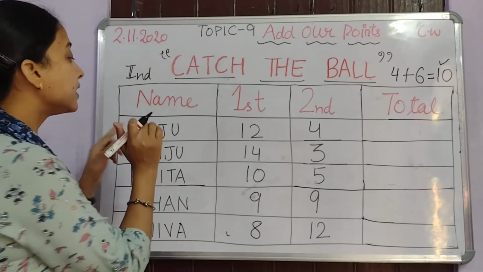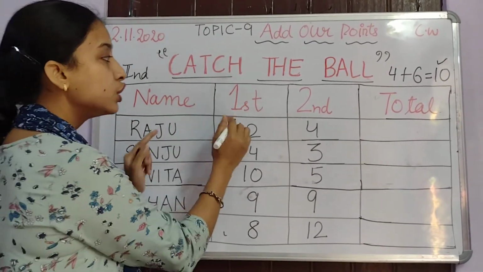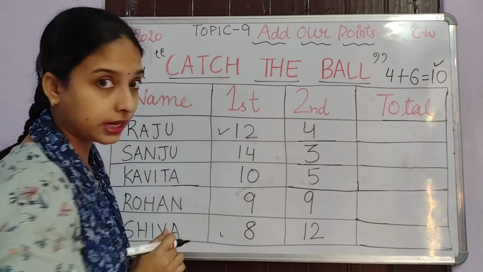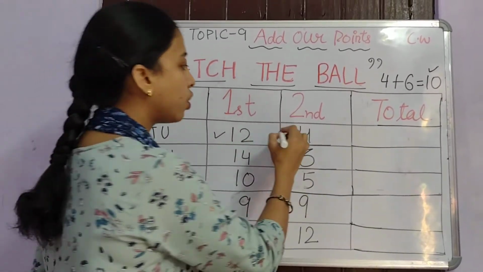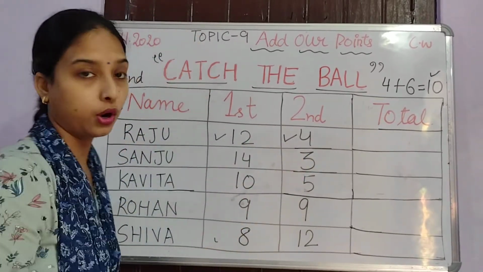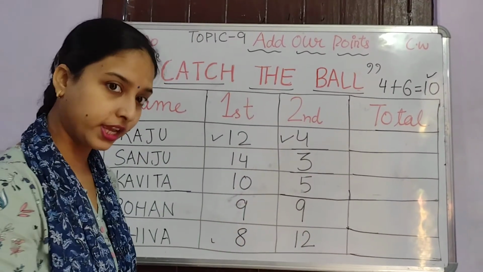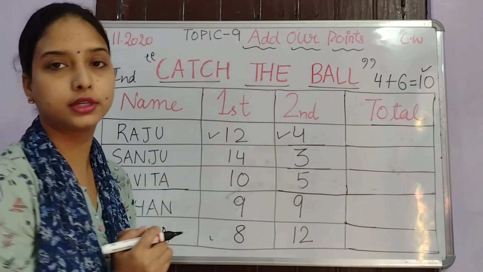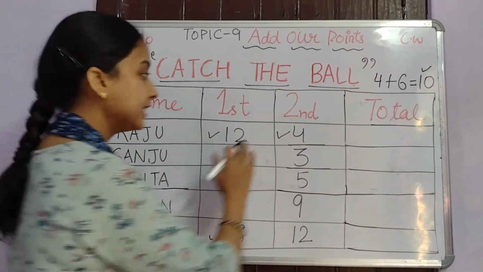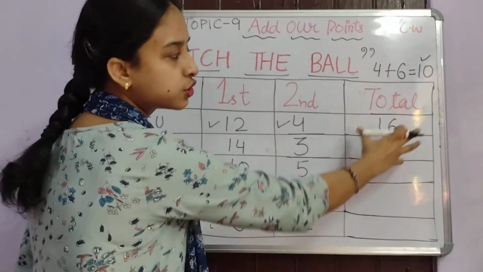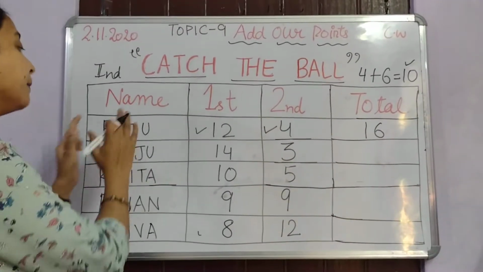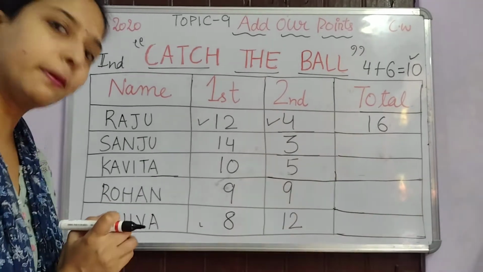Raju has scored 12 marks. 12 times he has caught the ball in the first round and he has caught the ball 4 times in the second round. So the total number of times he has caught the ball is 16. This is the total score which he has made while catching the ball.